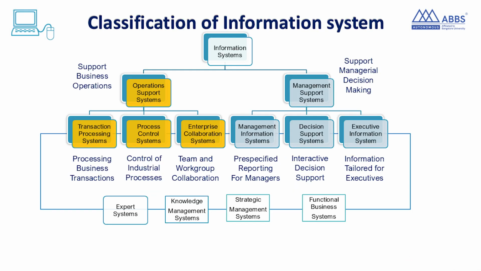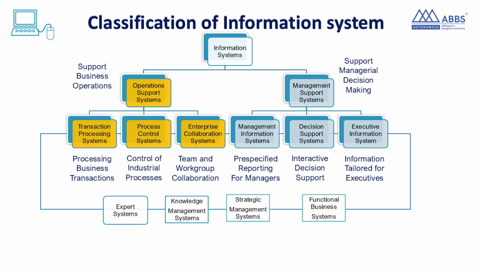If you look at the diagram, you have the operation support system, which comprises activities occurring in the day-to-day business scenario. While in management support systems, you see a lot of decision making systems. These activities are supporting managerial decision making.